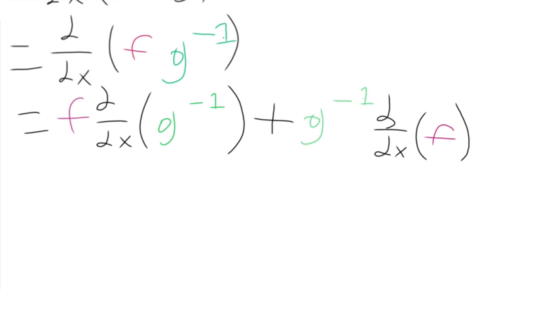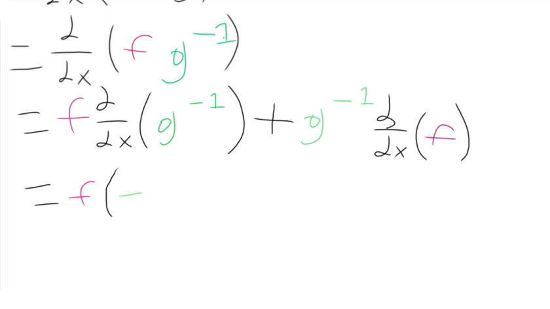Alright, now let's see if we can clean this up a little bit. So firstly here we still have this f in the front. Now we have to take the derivative of g to the negative first power. So let me open a parentheses for the result of that. So the first thing we have to do is use the power rule. So I'm going to take this negative 1 and bring it to the front, because that's how I use the power rule. So we're multiplying by negative 1.